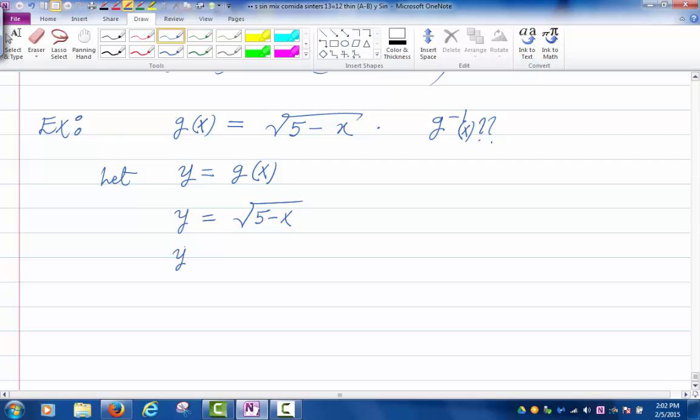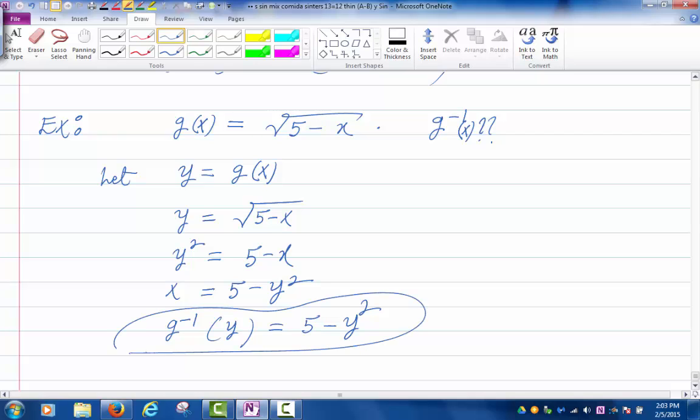So if I square both sides, I am going to get this, and then x would be 5 minus y squared. So that means that g inverse of y is 5 minus y squared, right? Because the inverse will take y to x, and the formula for x in terms of y is 5 minus y squared. So that's the inverse function.